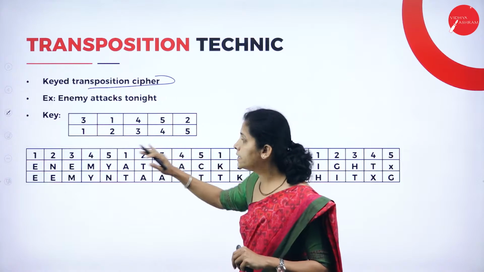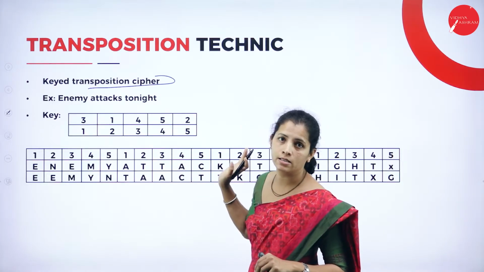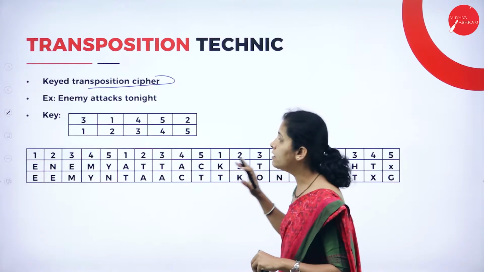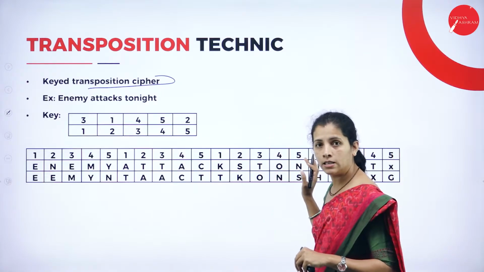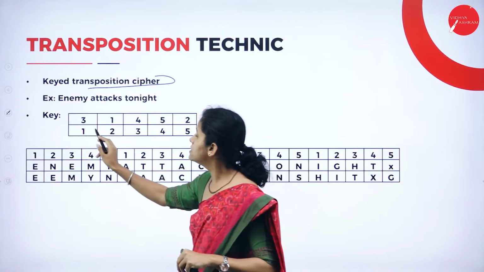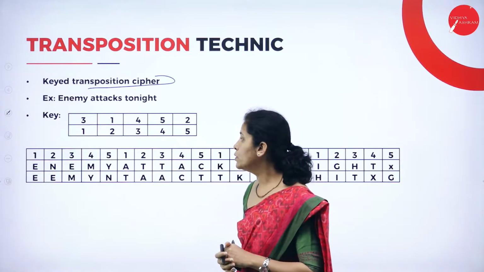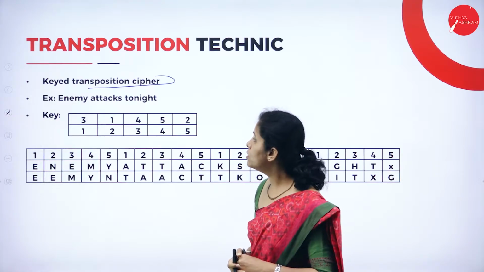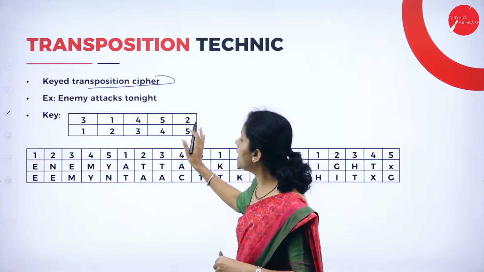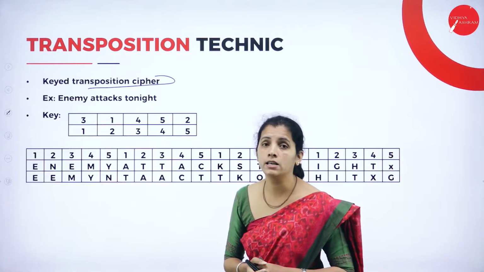But while writing the character, I'm going to write the character as it is. But while reading, I'm going to consider the key. So here they have mentioned that I can consider only 5 characters at a time.